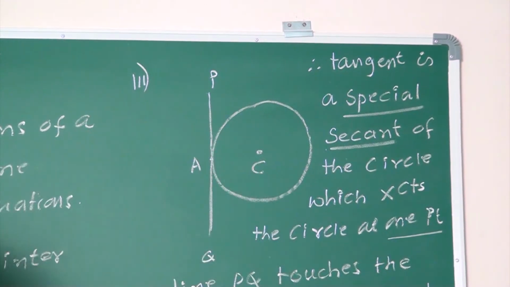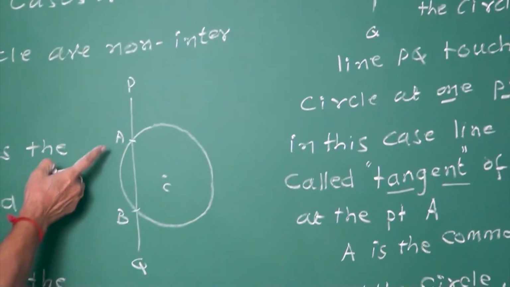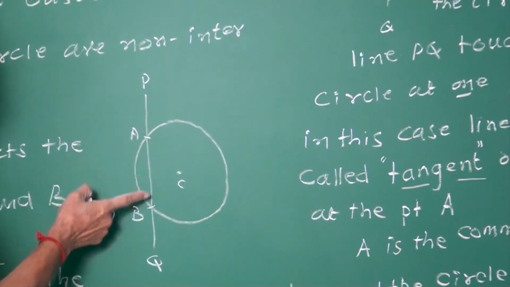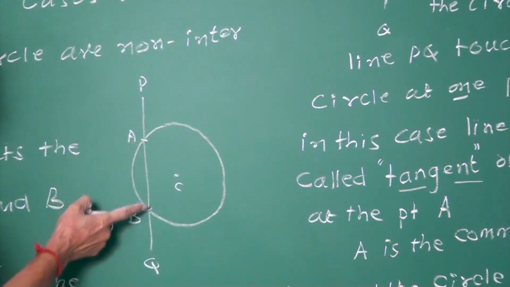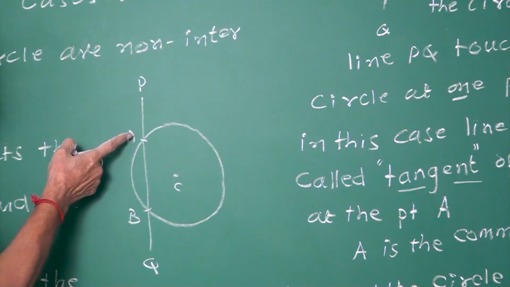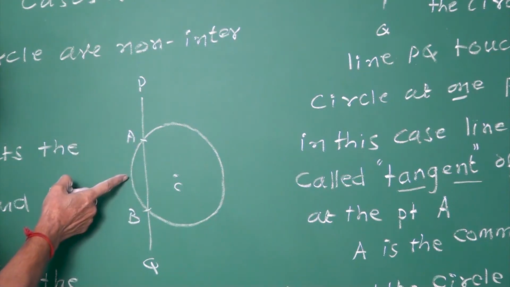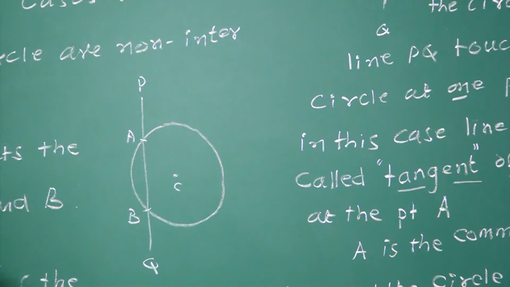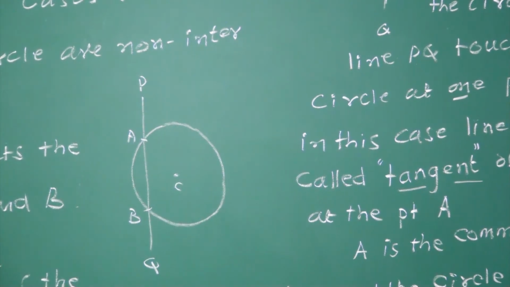And what is another definition? Again, this tangent is a special type of chord where both the ends of the chord coincide at one point. I will write that also.